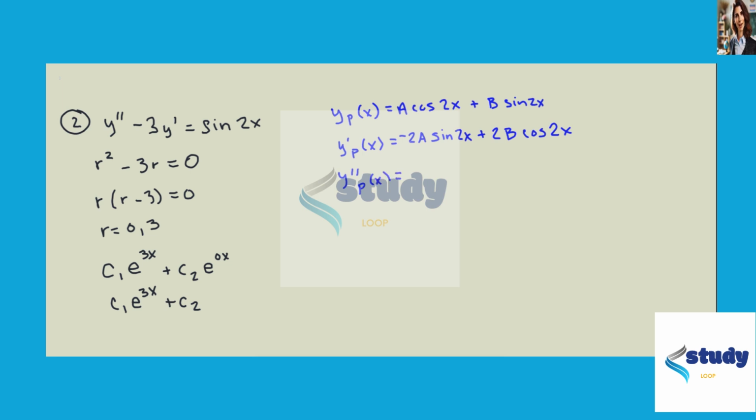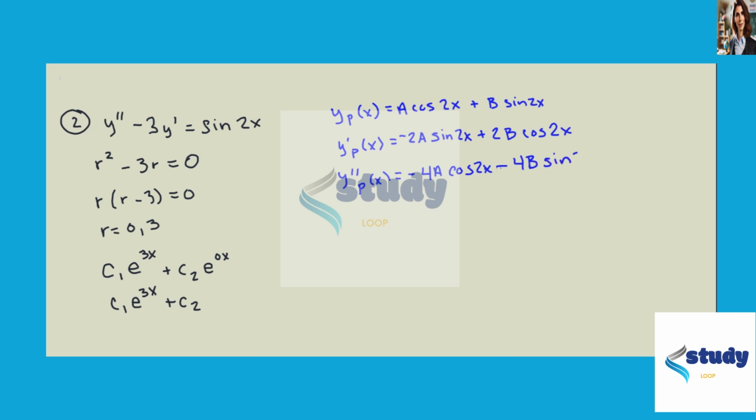And then my y double prime: the derivative of sine is cosine, negative 4a, chain rule again, cosine 2x, minus, derivative of cosine is negative sine, 4b sine 2x.